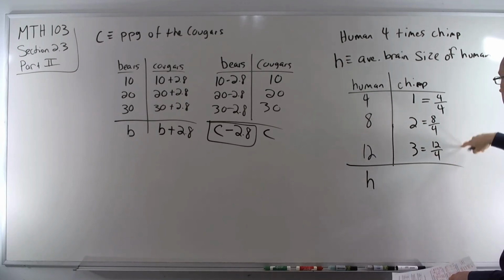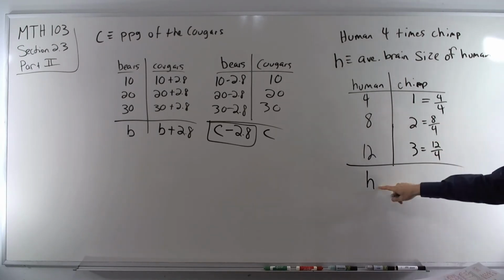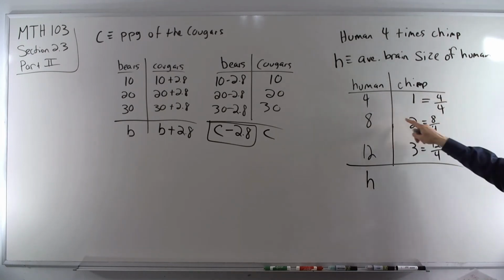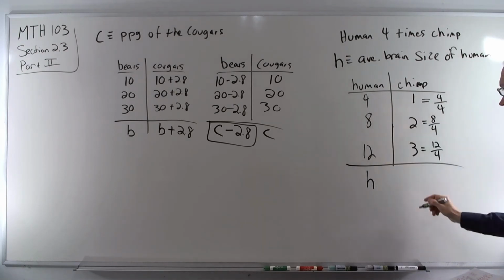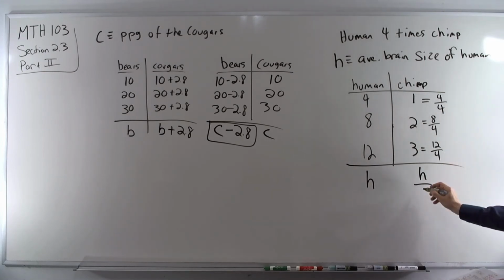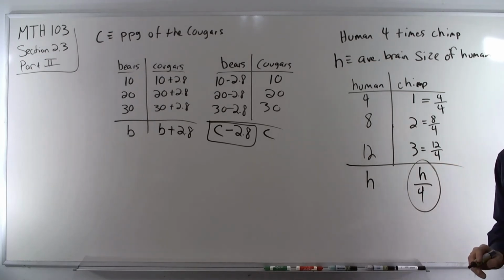And now we can see how we can create an expression using H. 4 matches 4, 8 matches 8, 12 matches 12. So the numerator is H. Now the divisor line, that never changes, and the denominator never changes. That's always 4. So here we have H divided by 4.